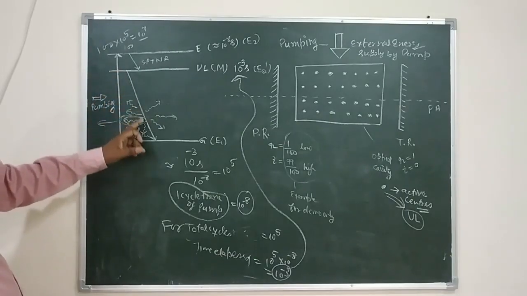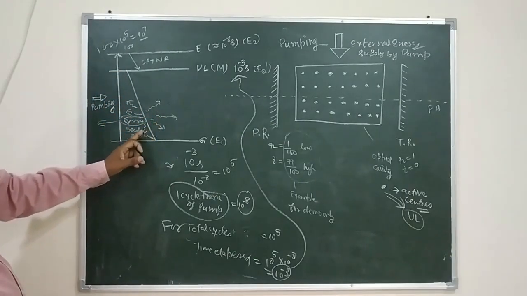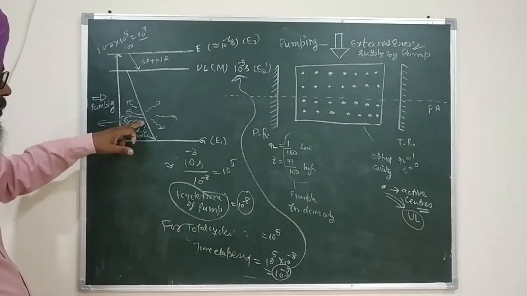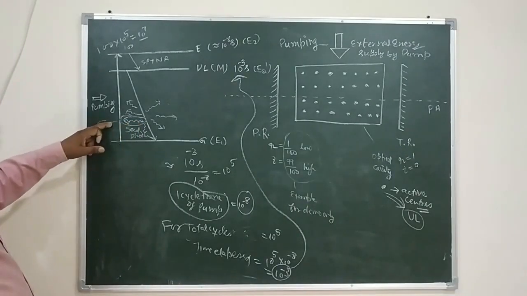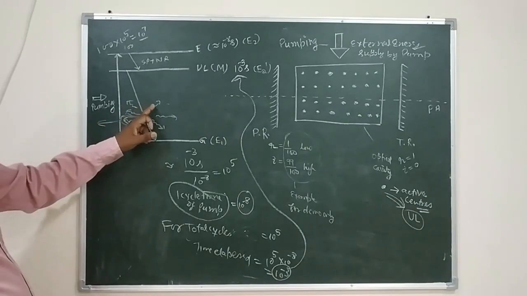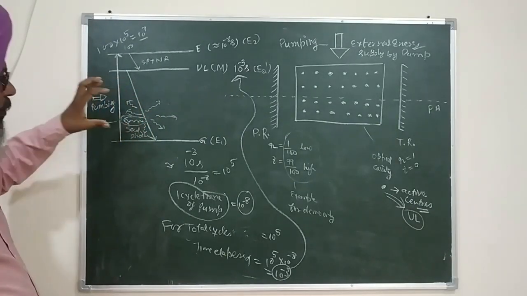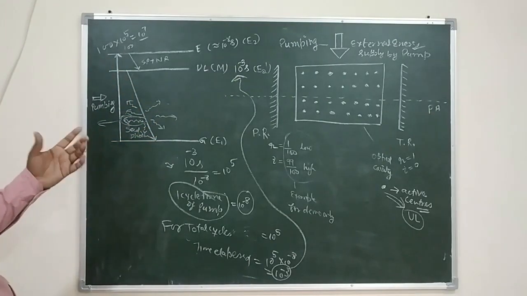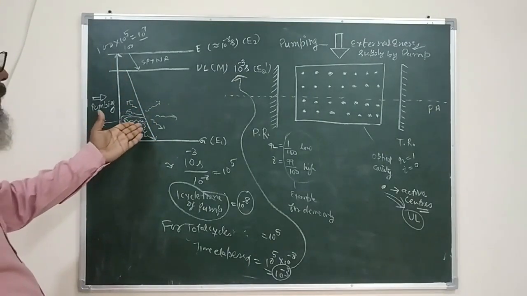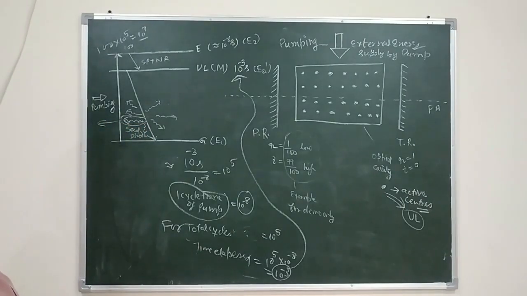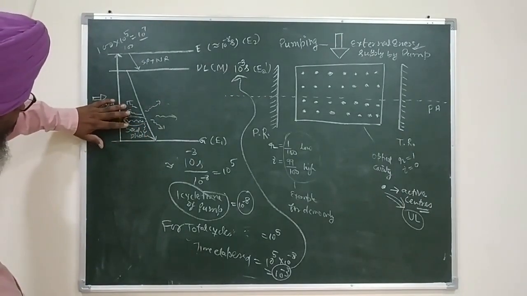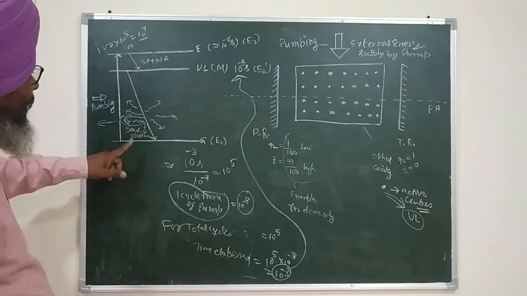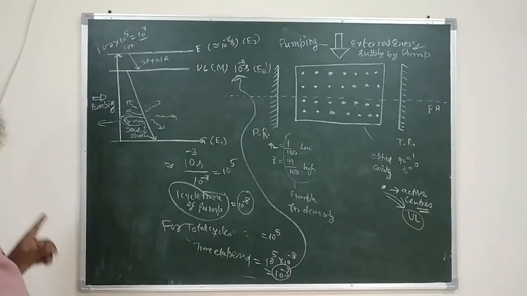So out of these 100 photons which are emitted randomly in all possible directions, only one photon is emitted per chance parallel to the principal axis. Since the photons are emitted in random directions, one of the photons by chance, according to probability, can be emitted parallel to the principal axis. I will discuss this photon later on, because I have said that only this photon will act as a seed photon.